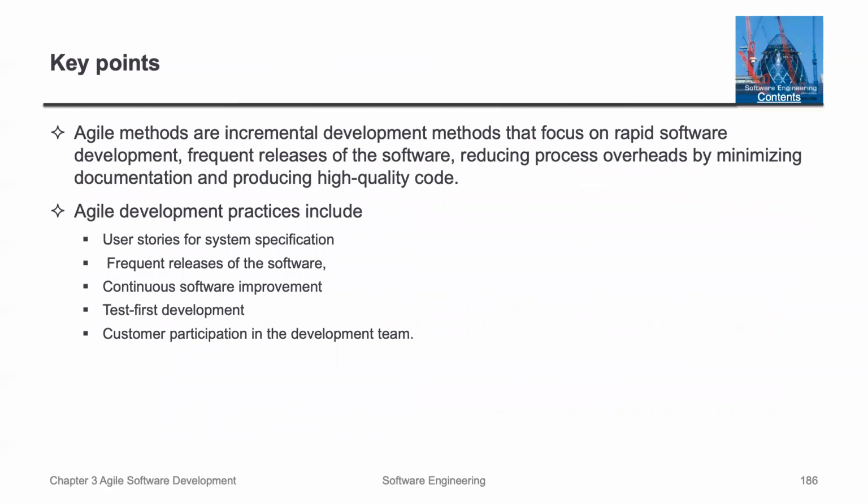So just a couple of charts to finish up in terms of the key points. In this chapter, we talked about agile methods, which are incremental development methods focused on rapid software development, frequent releases of the software, reducing process overhead by minimizing documentation, and producing high quality code. Agile methods include user stories for system specification, frequent releases of the software, continuous software improvement, a test-first development approach, and customer participation in the development team.